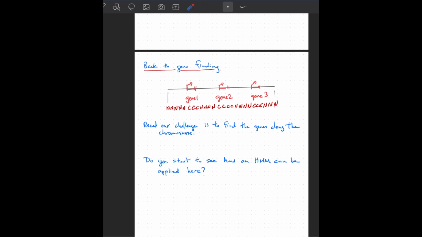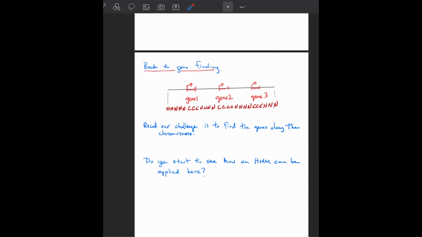Okay, so back to gene finding. Essentially what we're going to do is walk along this chromosome, and at each step, emit either N for non-coding or C for coding. That's going to be done by a hidden Markov model.